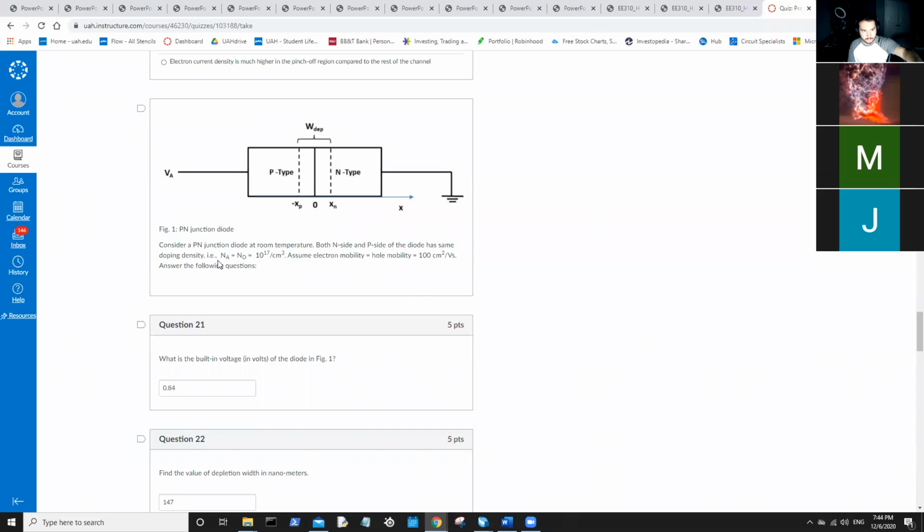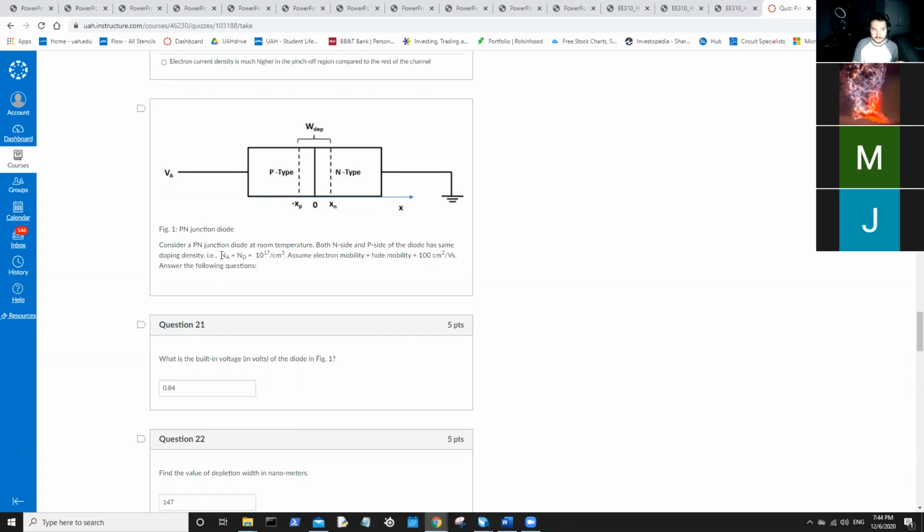So something we need to note is the doping densities of both the N and P side are the same. So this is perfectly symmetrical. So by symmetry, Wn and Wp, which is the depletion width portion of the N type and the P type side respectively, are identical. They're just half of the original depletion width.